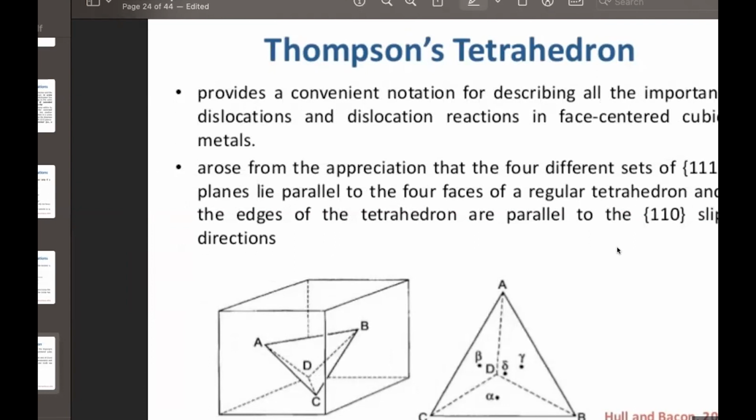So the Greek letters represent 4 planes: alpha, beta, gamma, and kappa. And for example, AB is the direction of gamma plane. Let's check with the AB. So this is the direction in gamma plane.